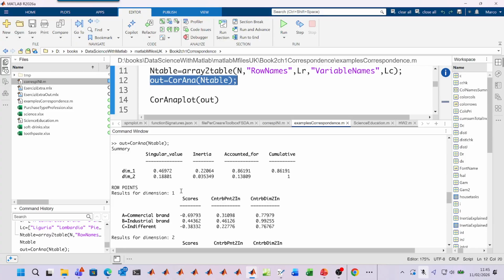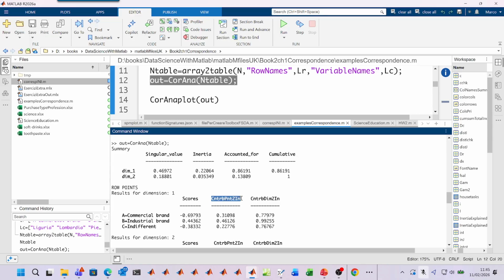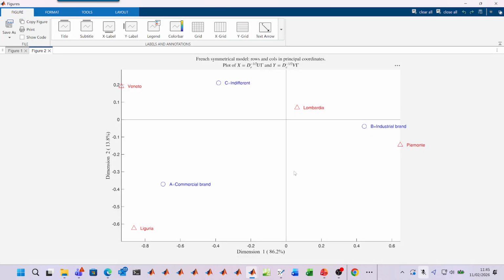You see, this means contribution of the point to the inertia of the first dimension. So the most important point is industrial brand, followed by commercial brand. On the other hand, the point which gives the largest contribution to the inertia of the second dimension is industrial brand.